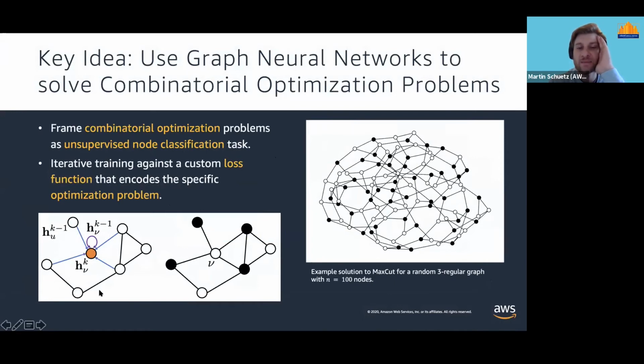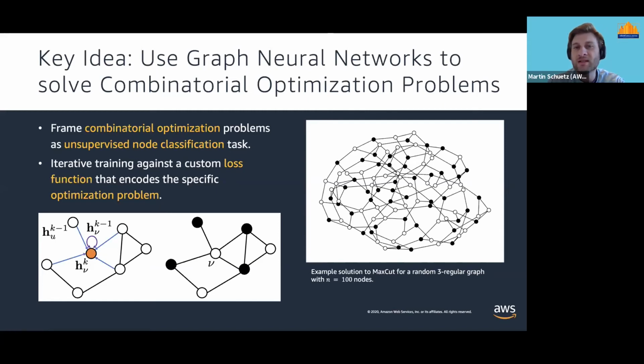But that is a hard task, because once you have 100 assets, you will have to consider 2 to the 100 decisions, something that you cannot just solve in Excel. So you have to do something more clever. That is where we propose an iterative training strategy using graph neural networks that directly operates on the underlying graph with a custom loss function that encodes the specific optimization problem.